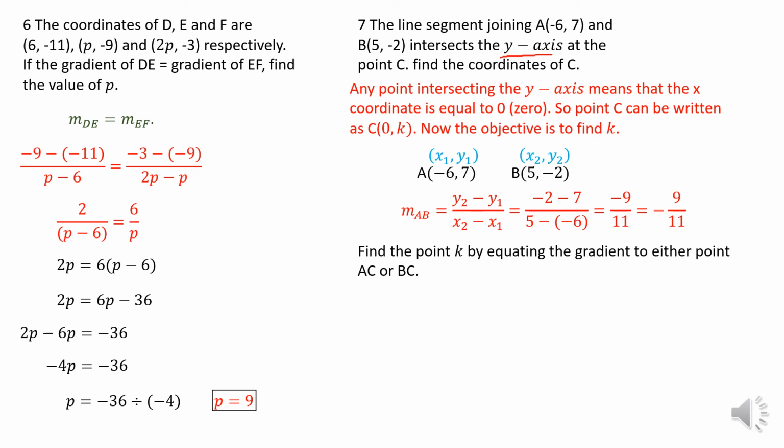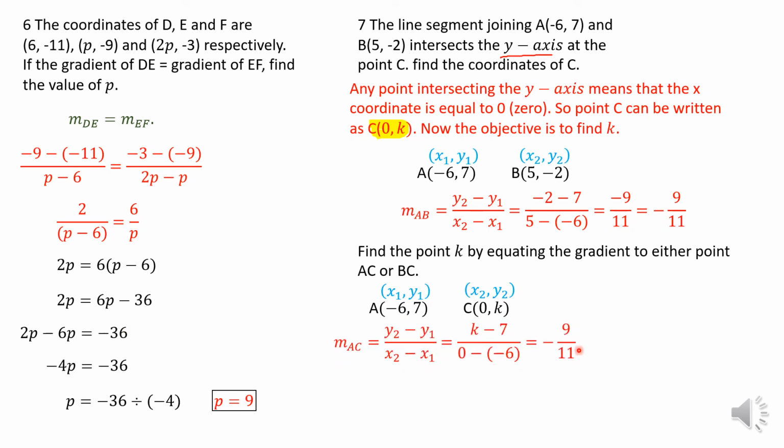Point C is the point 0, k, this is my point C here, so I can use AC or BC. So I've decided to use AC, and I'm going to let the gradient of AC equal the gradient of negative 9 over 11, because as I said, when lines are intersecting at the point of intersection, the equations are exactly the same, they will share the same gradient.